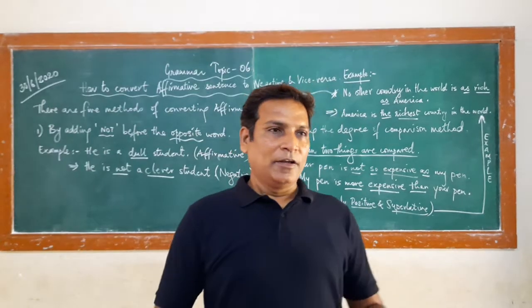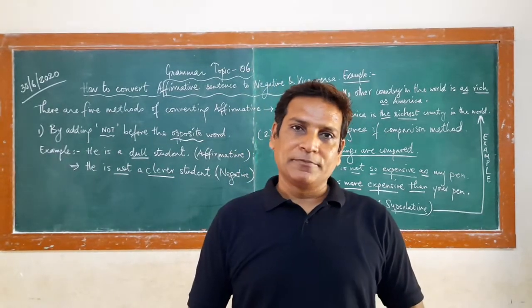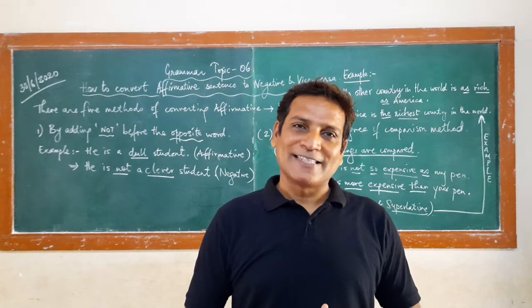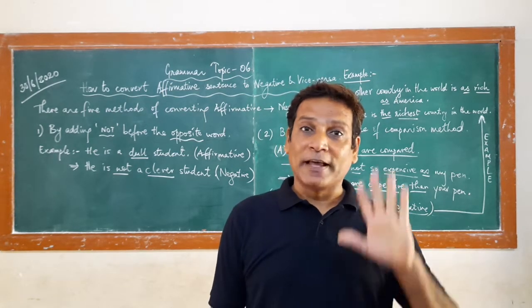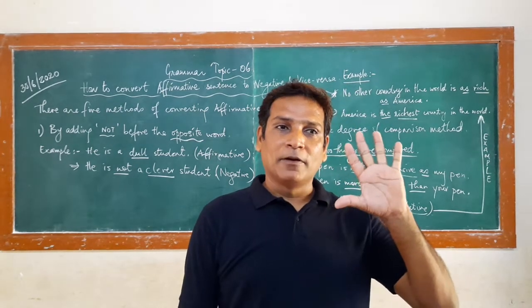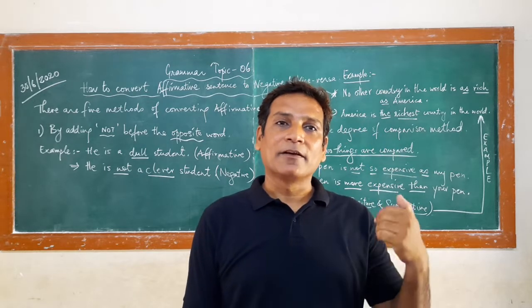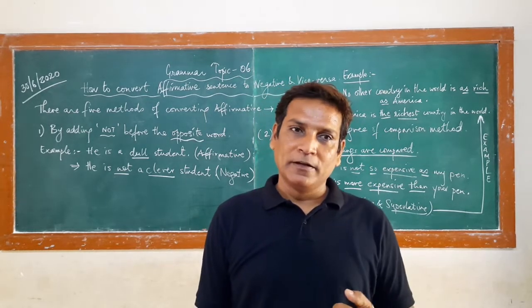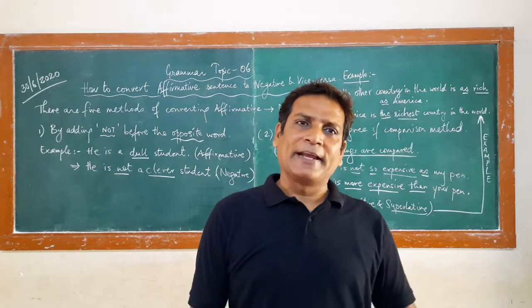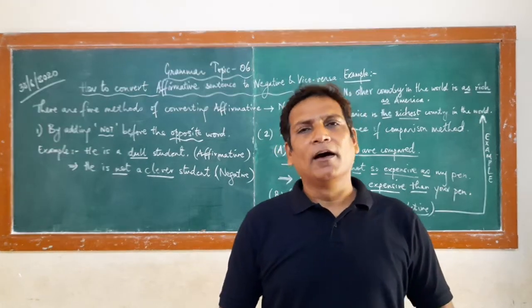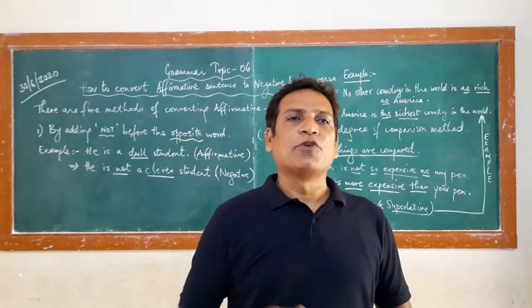We learned about these methods last time in our earlier classes. There are a total of 5 methods by which we can cover this particular topic, and there are some other techniques also by which we can transform them.